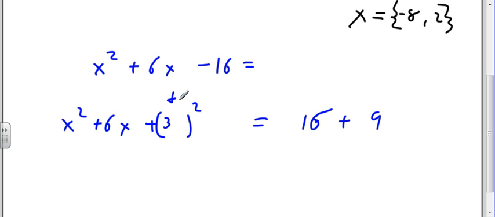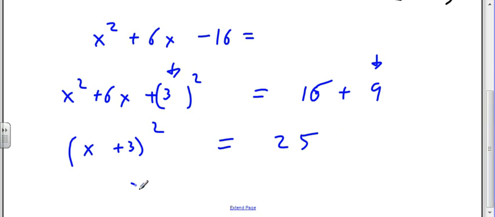If I put a 9 here, I've got to put a 9 there. I could have just borrowed from this 16, too. Anyway, so I got x plus 3 squared equals 25.